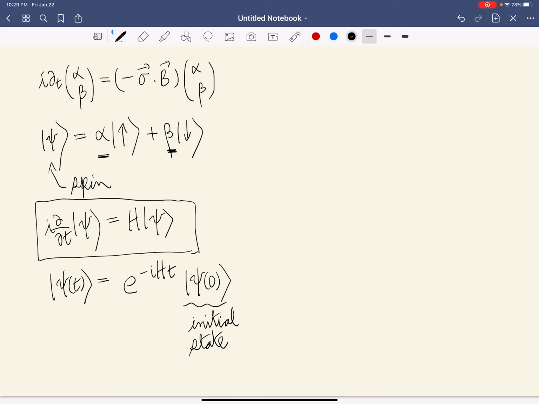Well, to see that this is the solution of the Schrödinger equation, all you have to do is take the derivative of this, which will then only act on this exponential factor, which will then bring down the factor of H, like that.